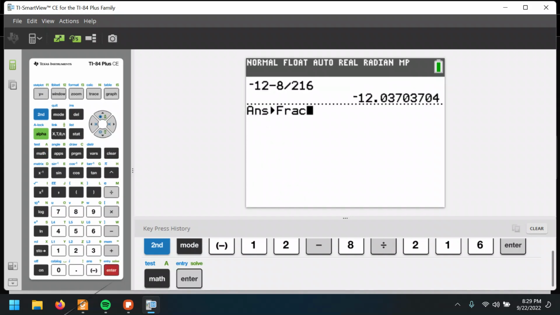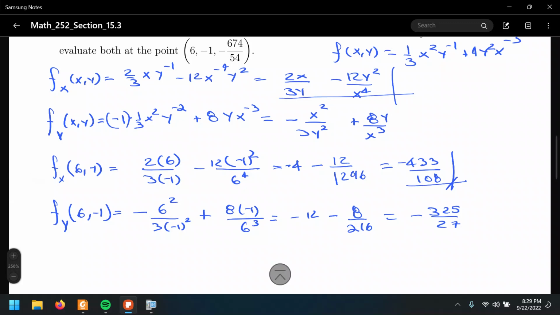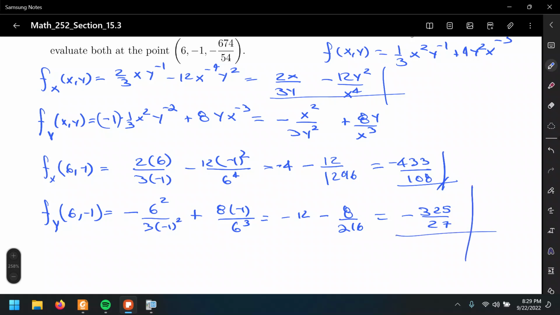Click enter and click enter again, and that's going to give you your number in exact form. Of course, if you're working with pi or roots of 3, those irrational numbers, we're not going to get a fraction. So that was our final answer.